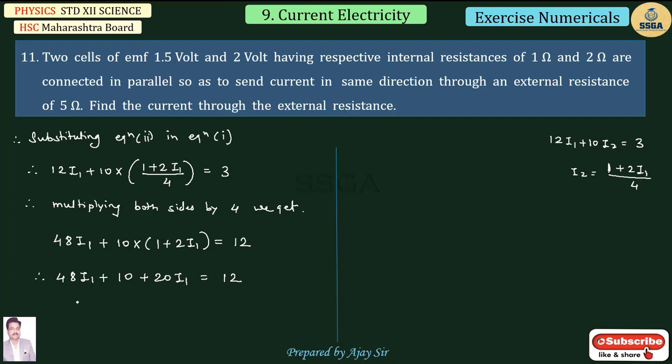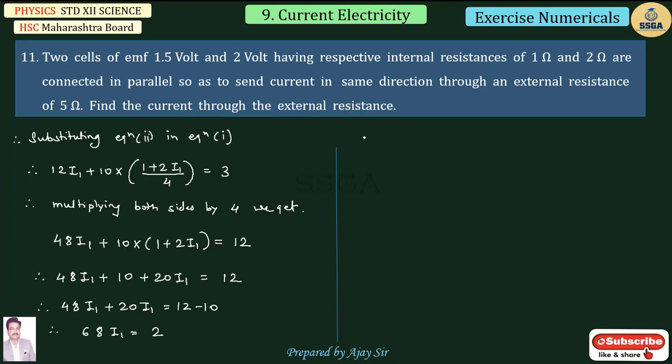So now this becomes 48 I1 plus 20 into I1, then this 10 will shift to the right hand side, so 12 minus 10. 48 plus 20 is 68, so that is 68 I1, which is equal to 2.